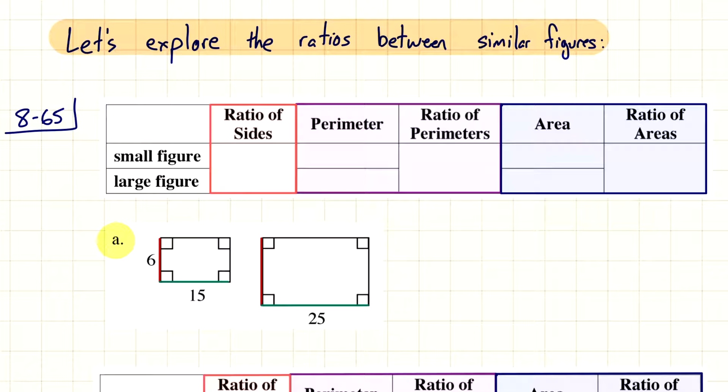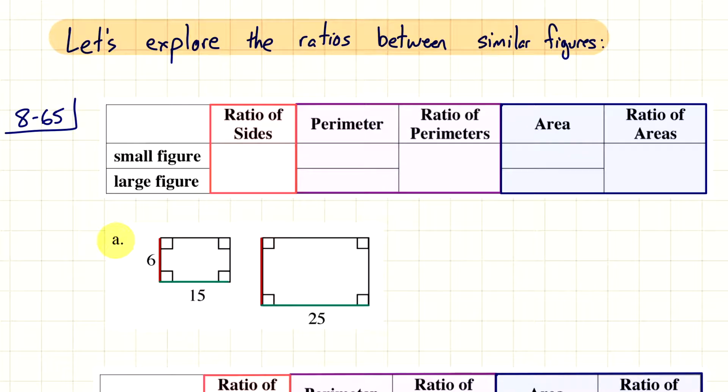All right, so looking at these two rectangles, let's start with the ratio of sides. Now we want to match up corresponding sides. I've already highlighted using the same color. Our left side of the rectangle has a 6, and we have this other left side of the bigger rectangle.